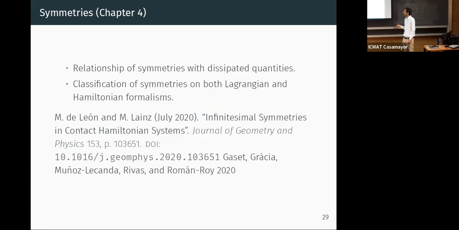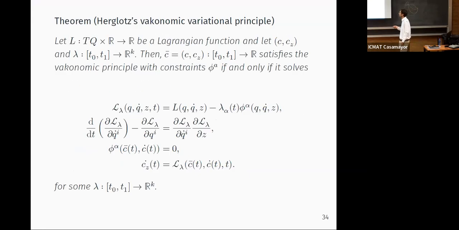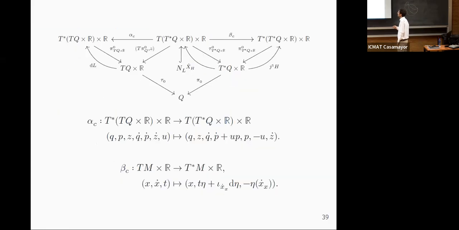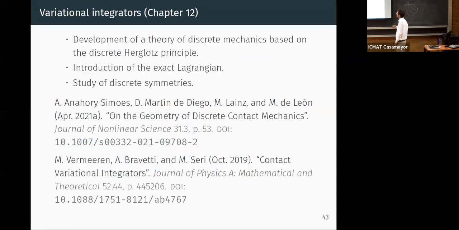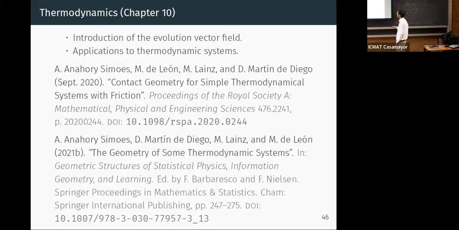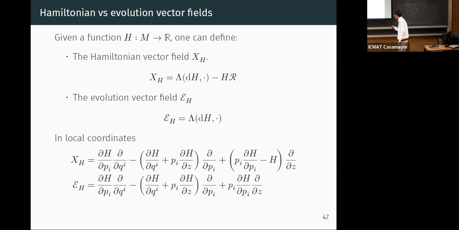Okay, I can tell you the things that I think I'm most proud of. From the application side, I think probably one of the biggest achievements is the introduction of this evolution vector field, because it's very easy to define.